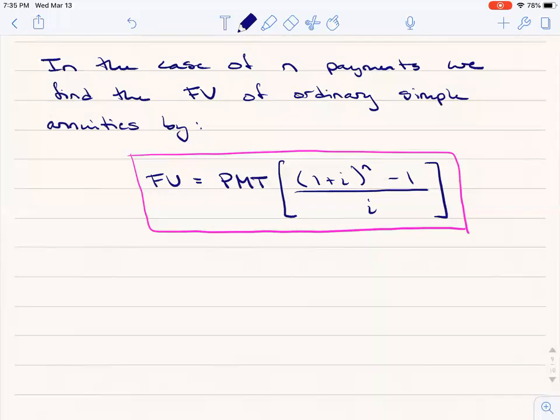And so they're going to be separate. So you have to figure out, do I need a present value or do I need to find my future value? And that'll help you decide which formula to use.